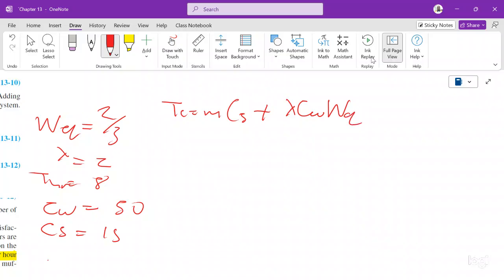We must start with WQ, which is not a problem. Now there's only one machine being utilized, or one person, which costs us $15 per hour. How many hours are being worked? They are 8, right? For 8 hours. Plus we have 2 cars that are coming in at a time.